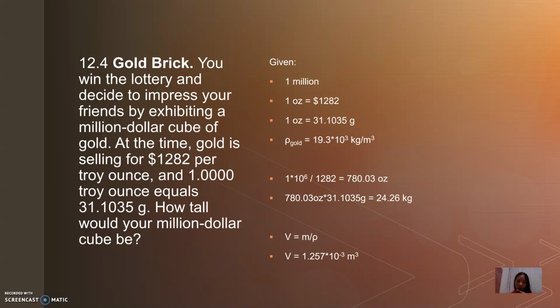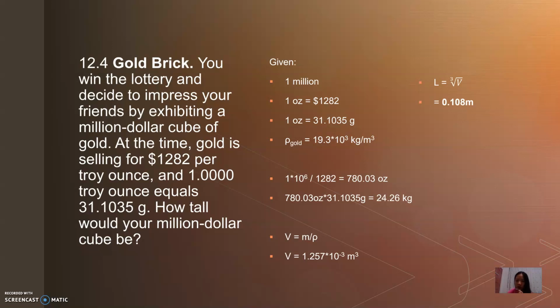And now, you're looking for how tall your cube would be. So, in order to get the height, you must first get its volume. The formula for volume is mass over the density, which is 1.257 times 10 to the negative 3 cubic meters.